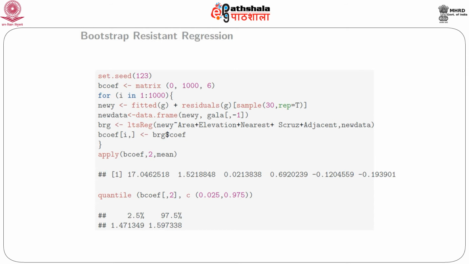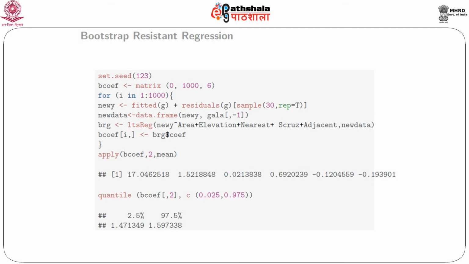Now, to do that in R, we define a matrix called Bquef, and if you see here there are 6 coefficients. So, we take all those. The matrix has 6 columns, each column stands for 1 coefficient, and for the rows we take 1000 rows.